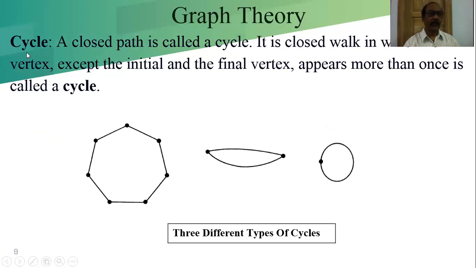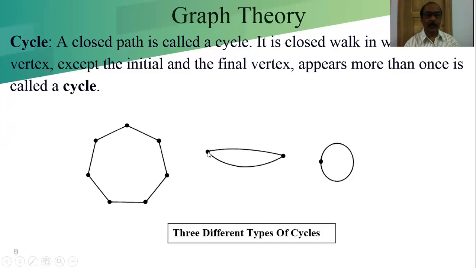I am giving the definition of a cycle. A closed path is called a cycle. It is a closed walk in which no vertex except the initial and the final vertex, that means the two end vertices, appears more than once. This is also a circuit as well as a cycle, because the end vertices, these two, are parallel edges as per our definition.